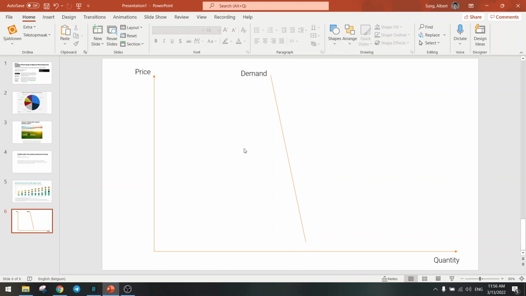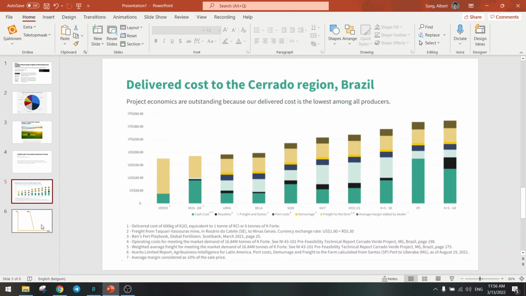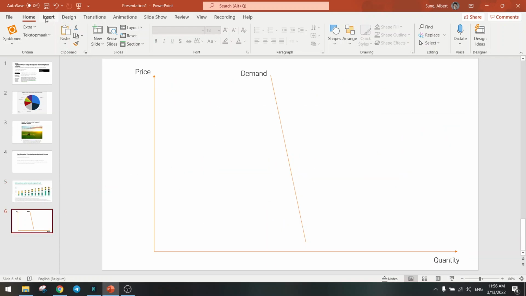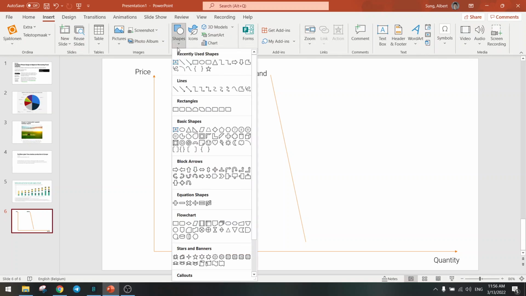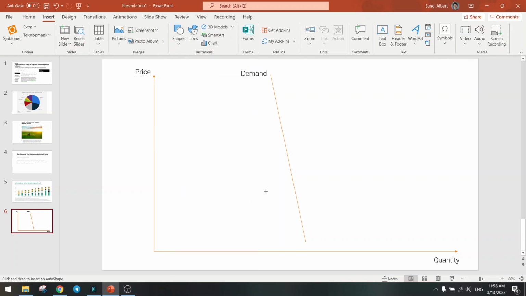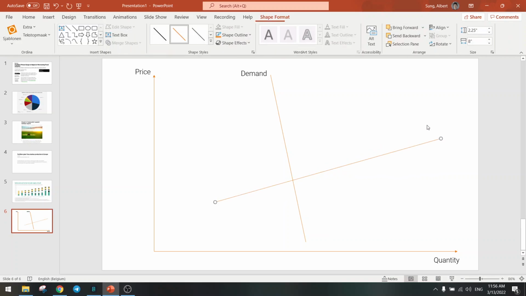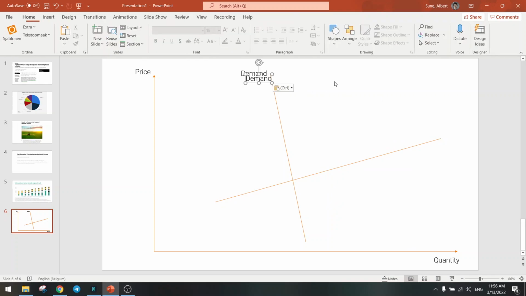Now the supply curve is like this. It goes up when you go to the right. So let's add the supply curve. And it is somewhere like this. So this is the supply curve. Supply.